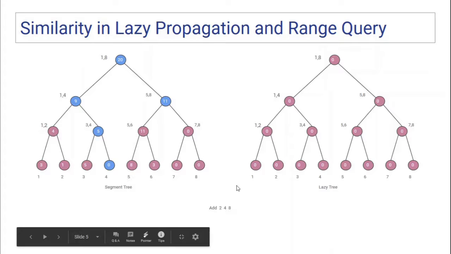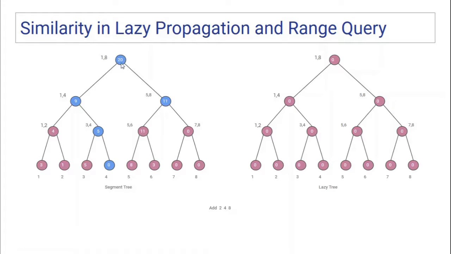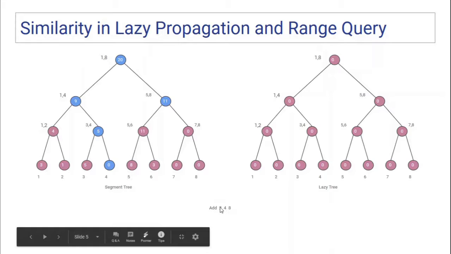So 1 to 8 doesn't lie completely inside my query range, so I cannot return 20, but I have to go left, reduce the range and make two recursive calls. So you would make two recursive calls, left and right. Now you reach 11, and you see that 5 and 8 lie completely inside my query range 4 and 8.